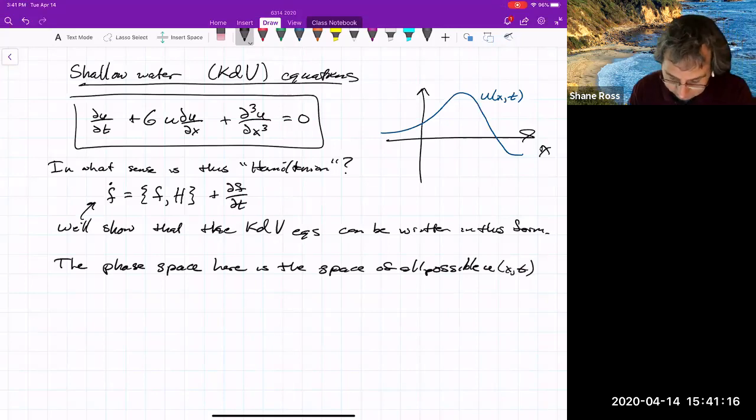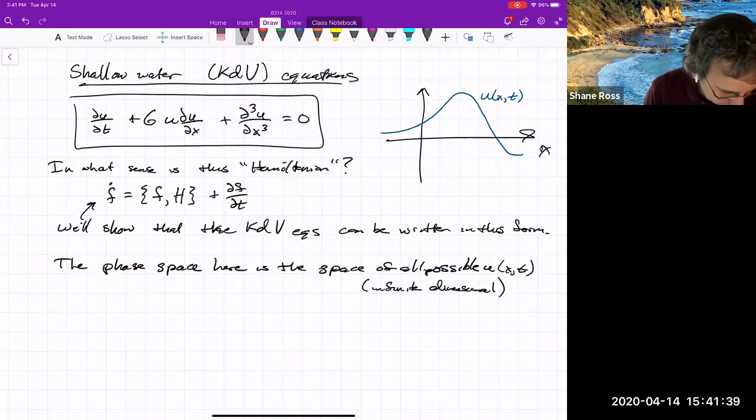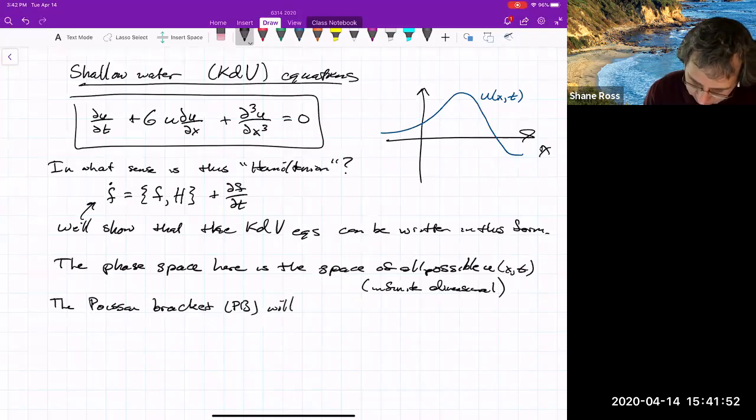So it's the space of all possible functions u that depend on two variables. So we have something that's infinite dimensional, meaning at every point x, we've defined a u. Not only that, at every point x and t, there's a u. So this is infinite dimensional. So the Poisson bracket will be defined in terms of functionals.